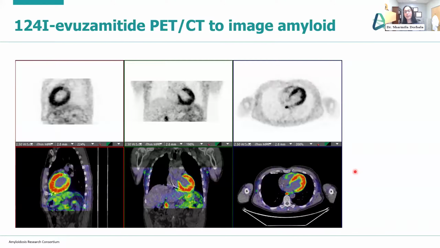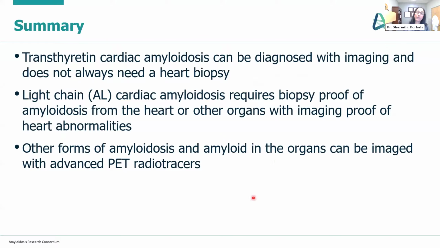Again, this is where I want to come back to the point that current therapies are focusing on the proteins. Imaging is focused on amyloid or the effects of amyloid in the heart structure and function. So remember that with new drugs that can target the amyloid fibrils, these imaging tracers will actually gain importance not only to diagnose this disease, but to even look at treatment changes probably.